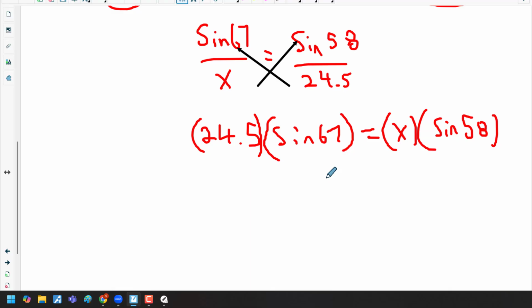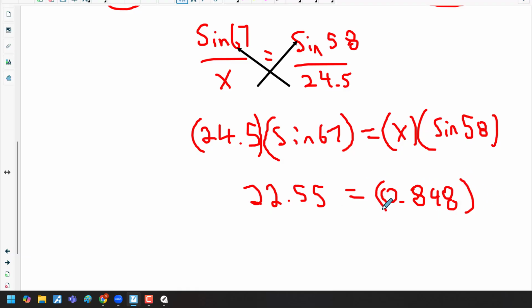I'm going to times it by 24.5. And I get 22.55. And sine 58, well, that's just 0.848. And I'm just going to keep 2 decimal places for now.